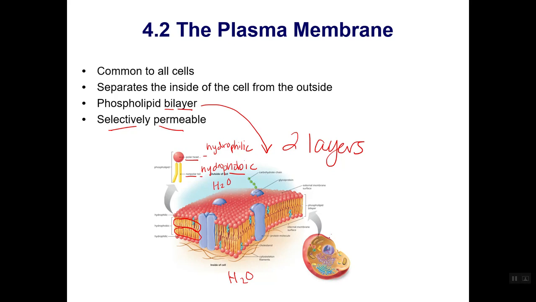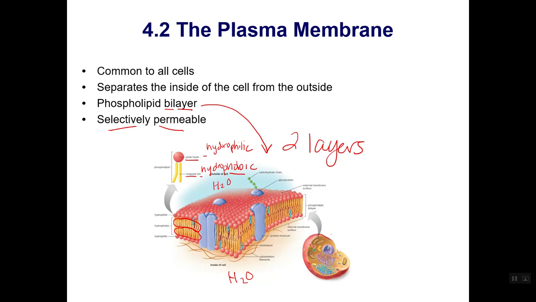We can't allow too many hydrogen ions to get into the cell because that would turn the cell's insides acidic, which may not be compatible with life. We don't want viruses and other pathogens, bacteria, etc., to get into our cells because it can make us sick. So our cells are considered selectively permeable. It picks and chooses what it will allow in and out and what it won't.